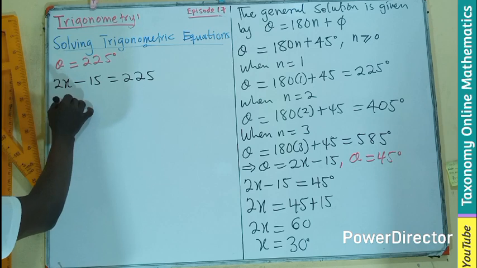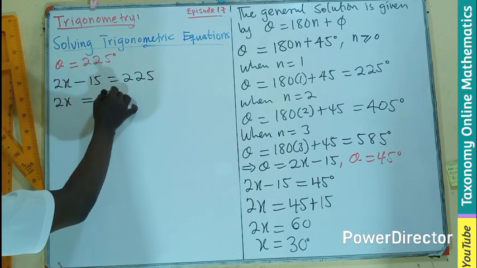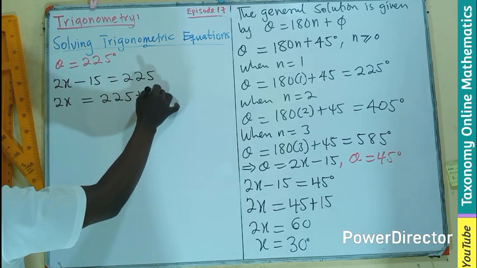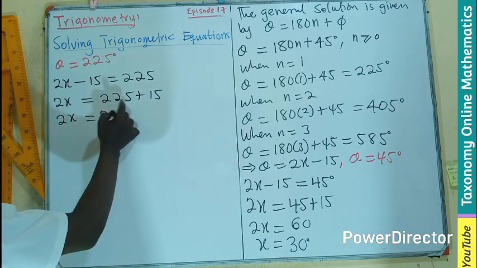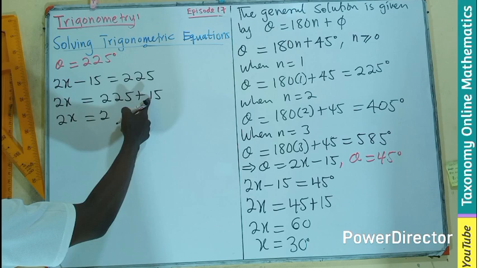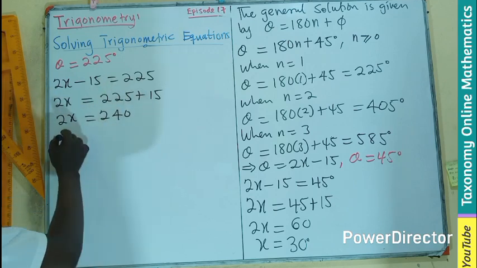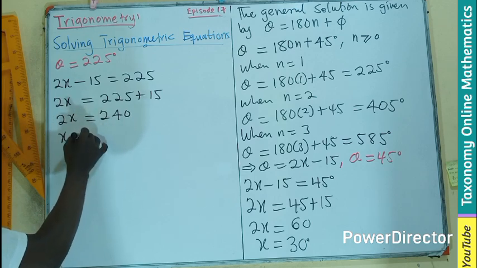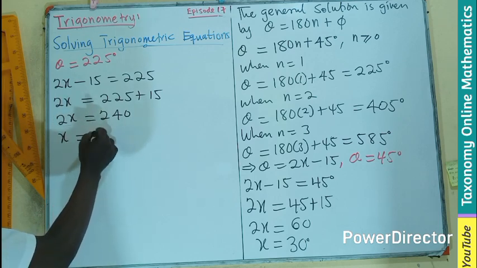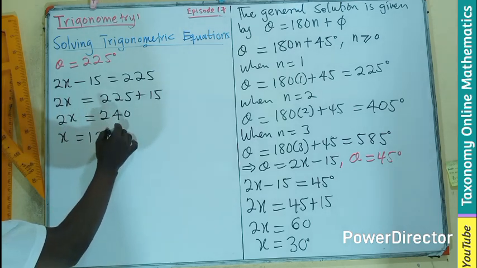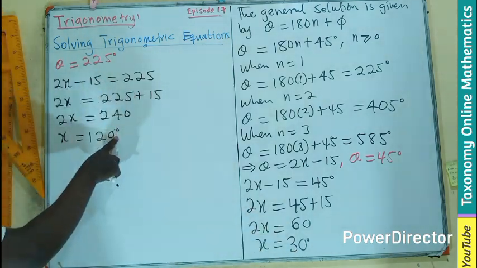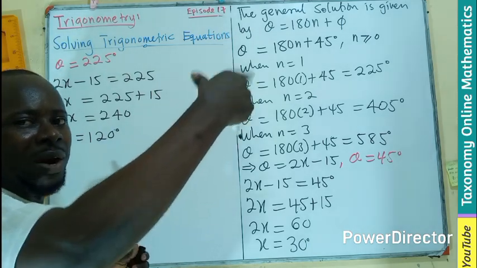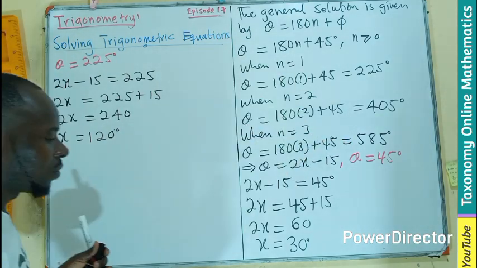That means 2x equals 225 plus 15, which is 240. Then x will become 120 degrees. So the first value is 30, the second value is 120, which is also within the range we are looking for.